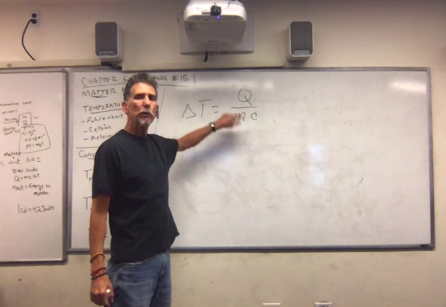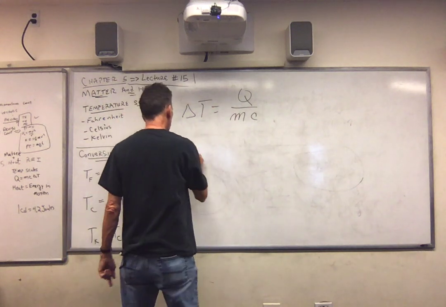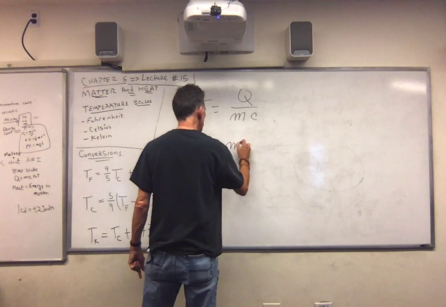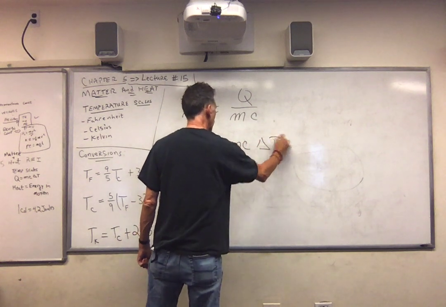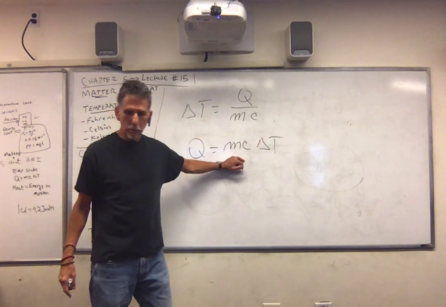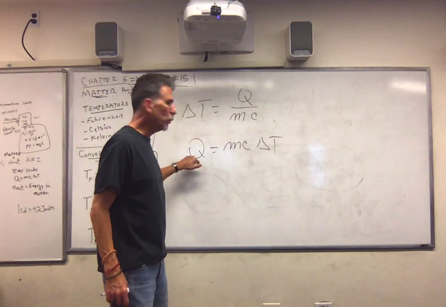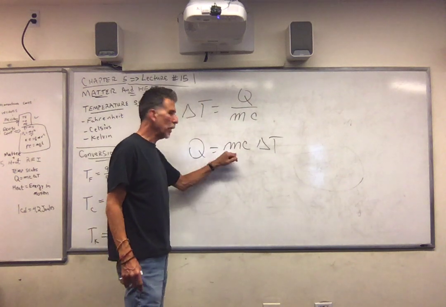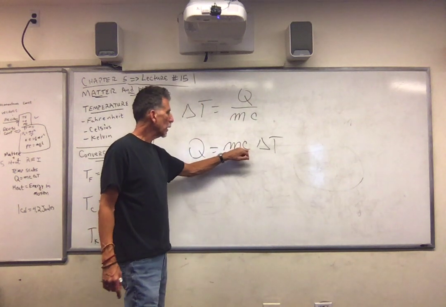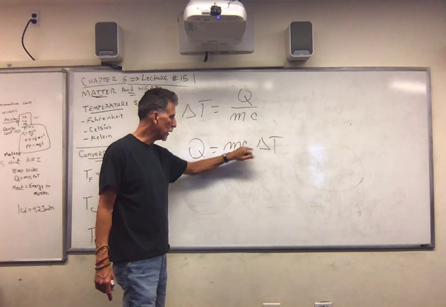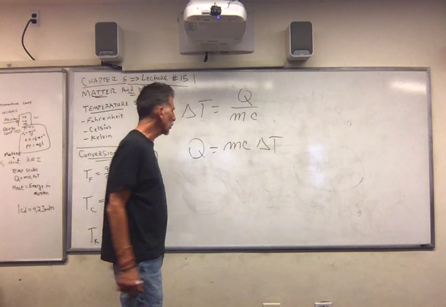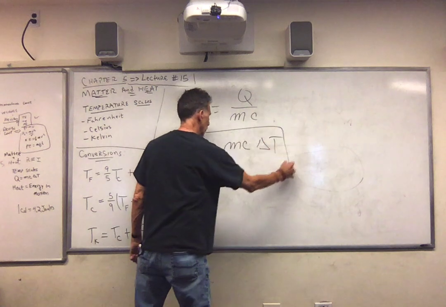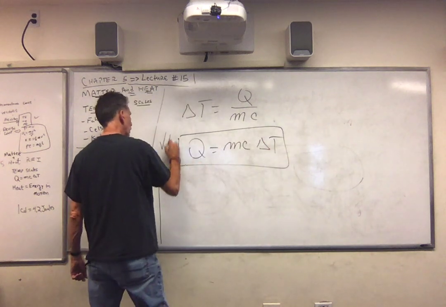I like to rewrite this in this way: Q equals MC delta T. Mind you, MC Hammer, right? The rapper equation. Q, calories. M, grams, usually. C is calories per gram per degree C. Then delta T would be degrees C. So we're going to use this a lot.